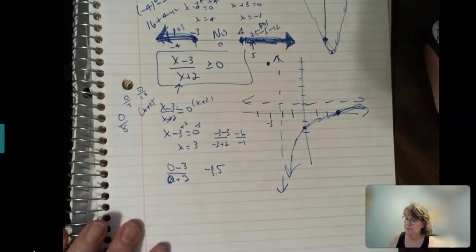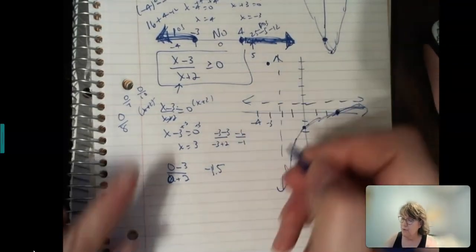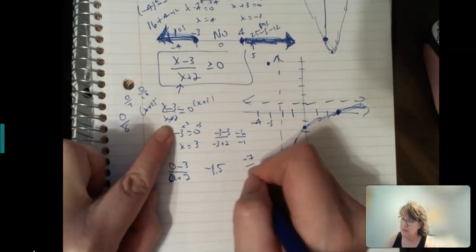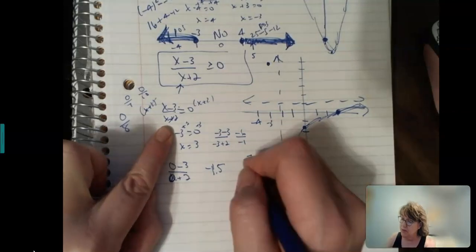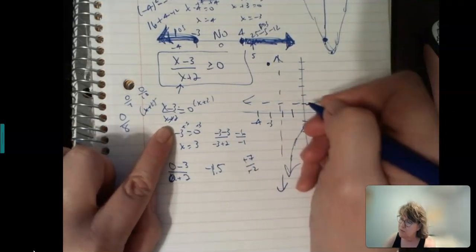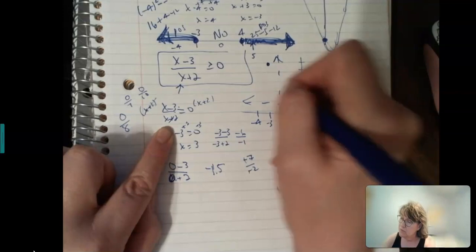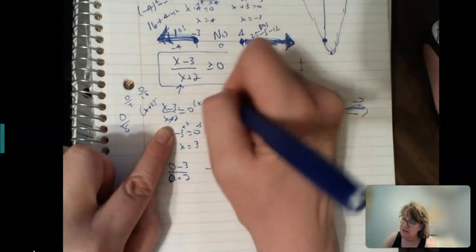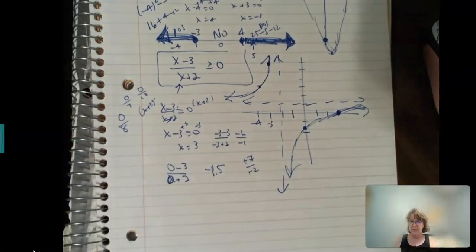Okay. All right. Let's sub in a negative 4, just to see what happens. Negative 4 minus 3 is a negative 7, and negative 4 plus 2 would be negative 2. So that would be what? Positive 3.5. So somewhere in here. And again, this is just a sketch. This is not pretty. It looks like it's doing something like that.